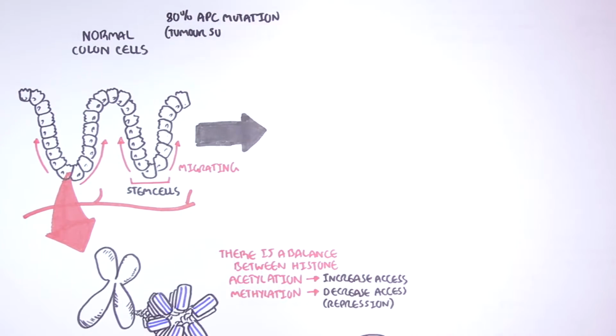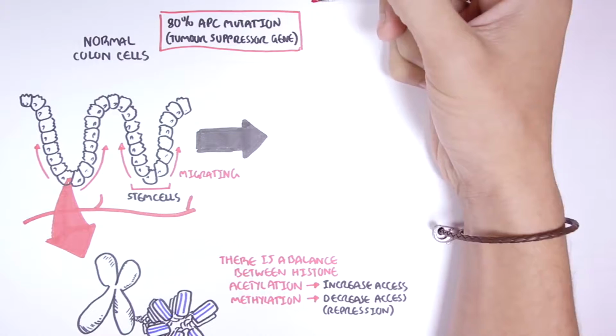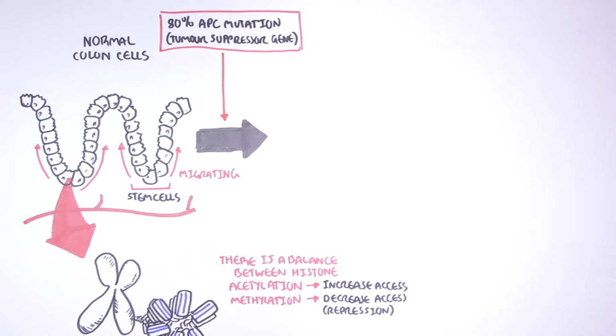Now, in 80% of cases of colon carcinogenesis, there is an adenomatosis polyposis coli gene mutation, or APC gene mutation. The APC gene is essentially a tumor suppressor gene because normally it encodes for proteins involved in cell adhesion and transcription.